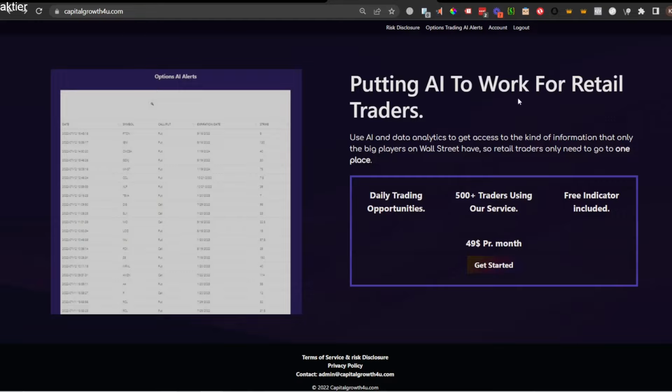This means the big boys, the institutions, have bought, and you have to know that actually it's options that determine the price of the stock.